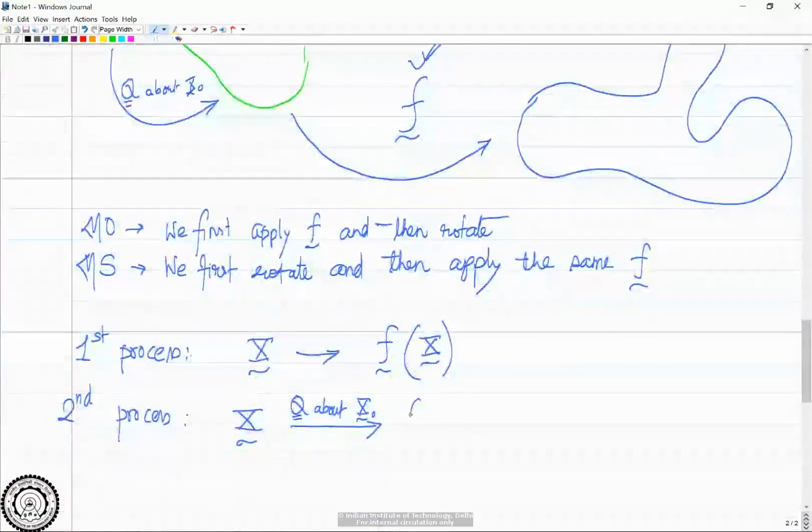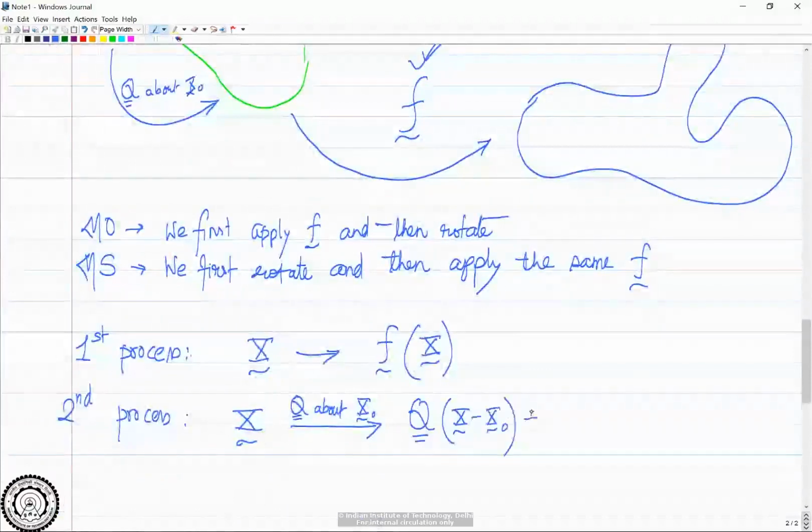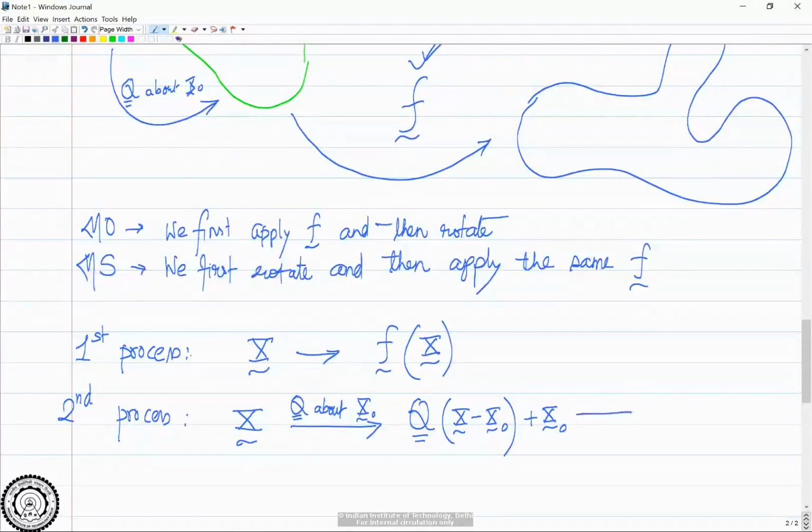It's going to be big Q into (X minus x naught), because it's rotation about x naught, plus x naught. Will you agree with this? Yes, sir. And then we are applying the same deformation.